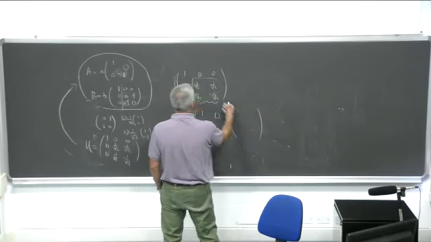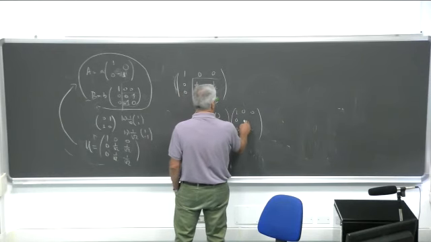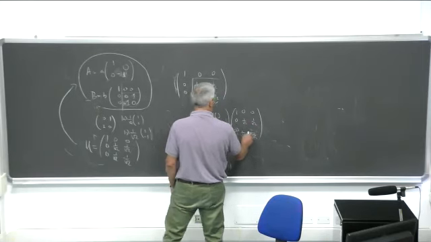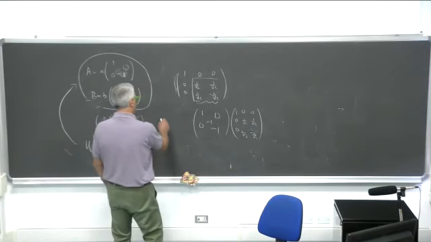And here I apply this U, which is 1, 0, 0, 0, 0, and then the block, 1 over root 2, i over root 2, minus i over root 2, 1 over root 2. And then I apply the Hermitian conjugate on the left.